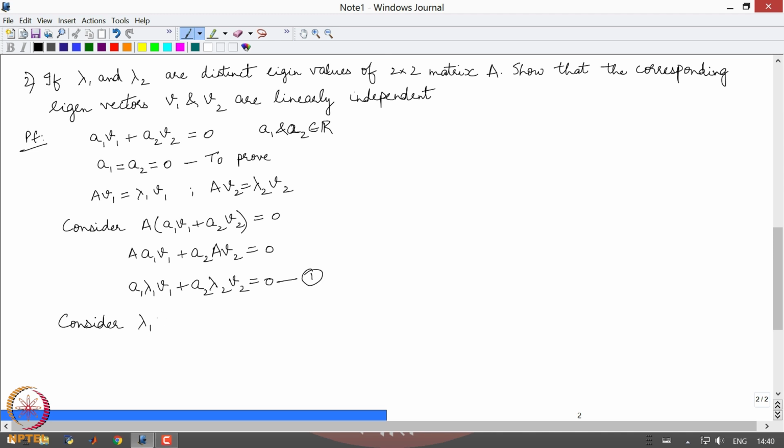I will just multiply lambda 1 with the linear combination, which will again be 0, and it will be A1 lambda 1 V1 plus A2 lambda 1 V2 equals 0. So, I will call this equation 2. Now, what if I subtract 1 from 2?